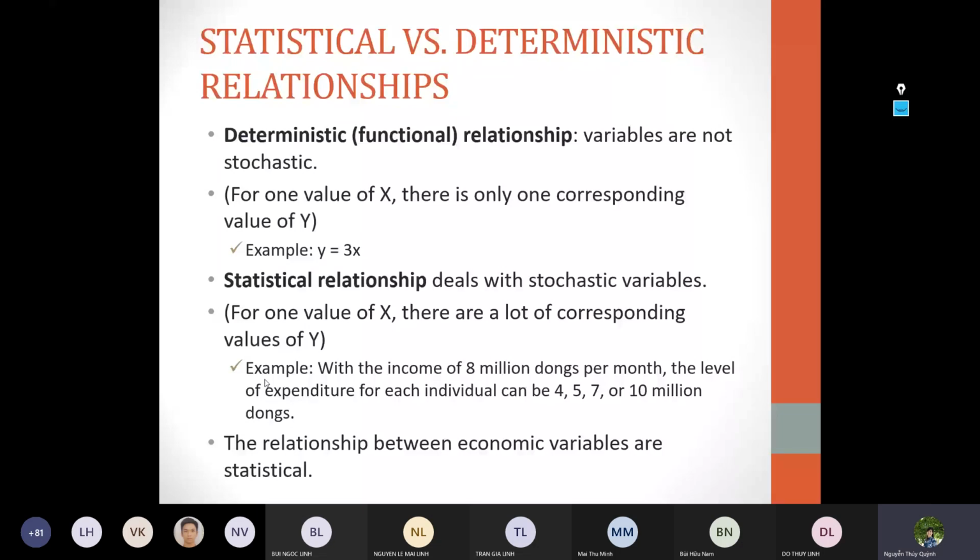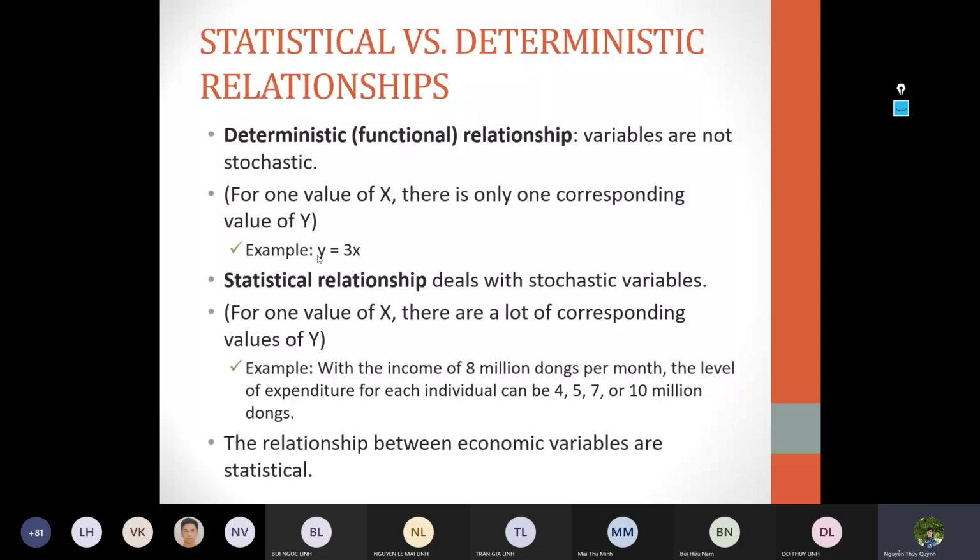For example, we have a function y equals 3 times x. So when x equals 1, y equals 3. When x equals 0, y is exactly 0. So for one value of x, you have only one corresponding value of y. That is the deterministic relationship.